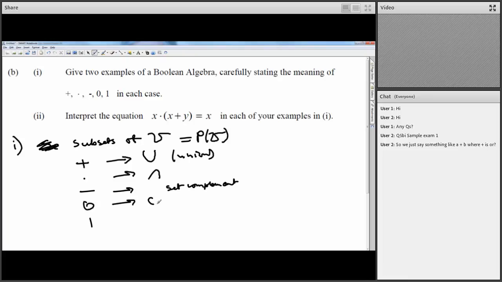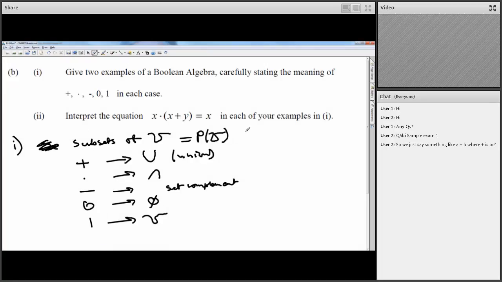Zero corresponds to the empty set, and 1 corresponds to the universal set. So pretty much there's the 6 things. One, I have to name what the actual Boolean algebra is, so the collection of stuff. And then for the 2 binary operators, I have to tell what they correspond to, and what the overline complement corresponds to, and what 0 and 1 correspond to. And that's just showing what the pattern is.